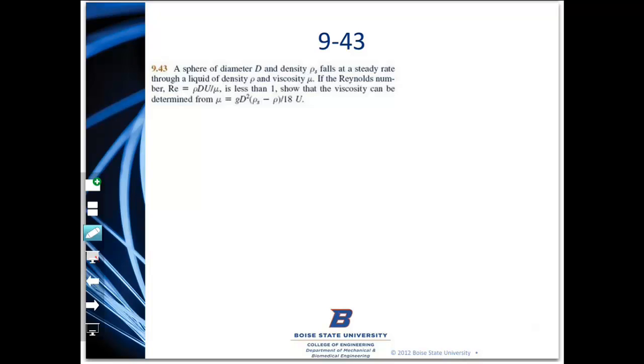If the Reynolds number, defined based on the fluid as rho times the diameter of the sphere times the free stream velocity over mu, is less than 1, show that the viscosity of the fluid can be determined as shown. Okay, and when your Reynolds number is way less than 1, this is known as creeping flow.